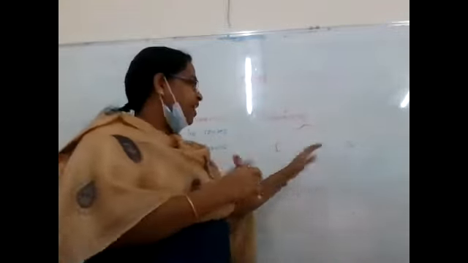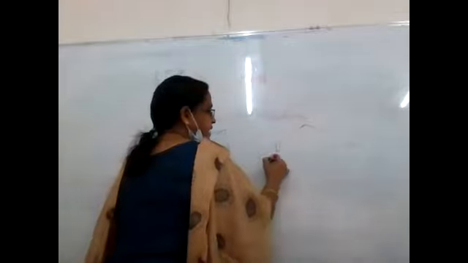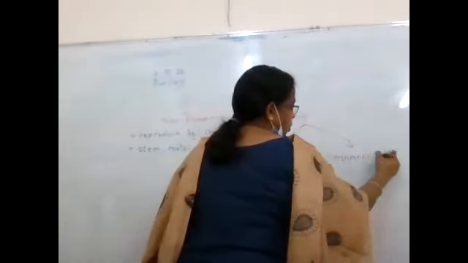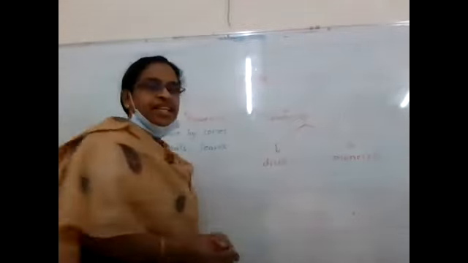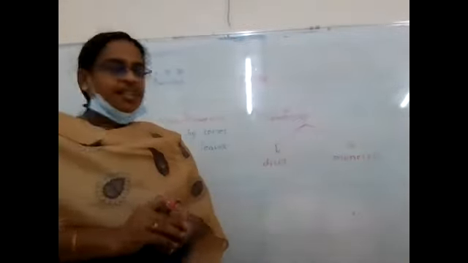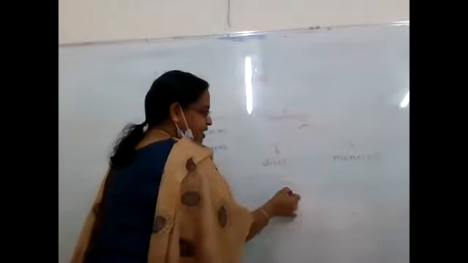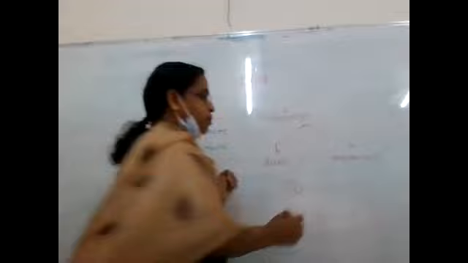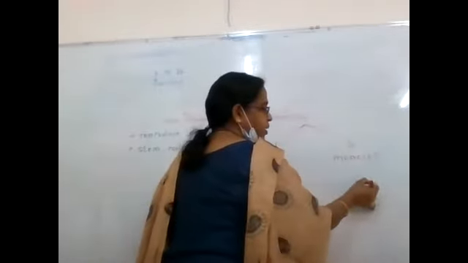Okay, so the flowering plants are classified according to the seed, into dicot and monocot. If you check the seeds, some have two parts like this, and some have only one.